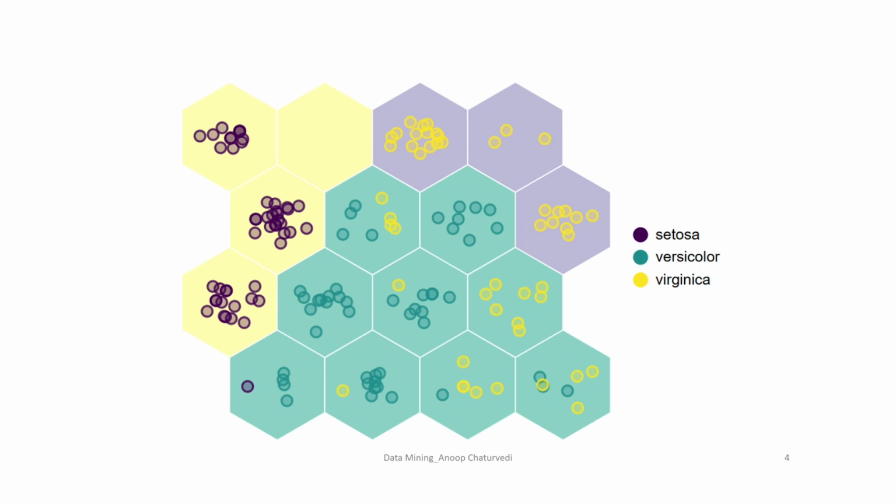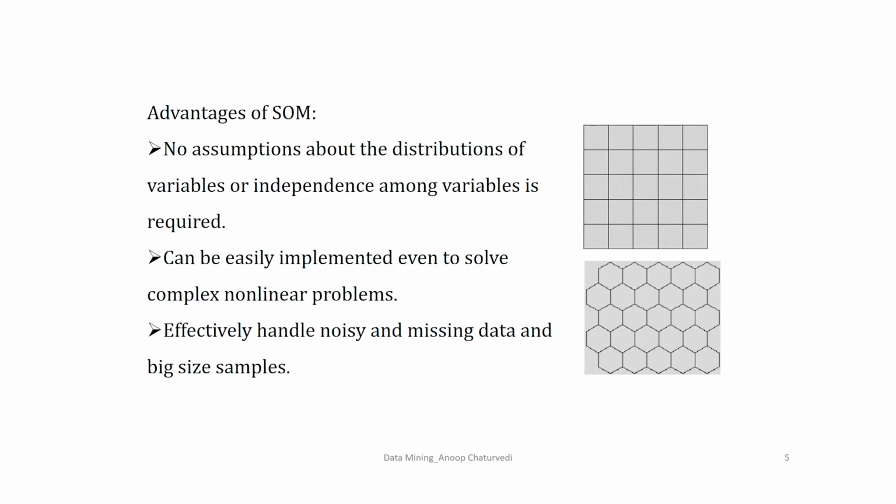So, here we have hexagonal topology. In fact, we will discuss this example in detail later on, but here we have applied SOM algorithm to IRIS data set, and we get this kind of map. We will again come to this example later on.